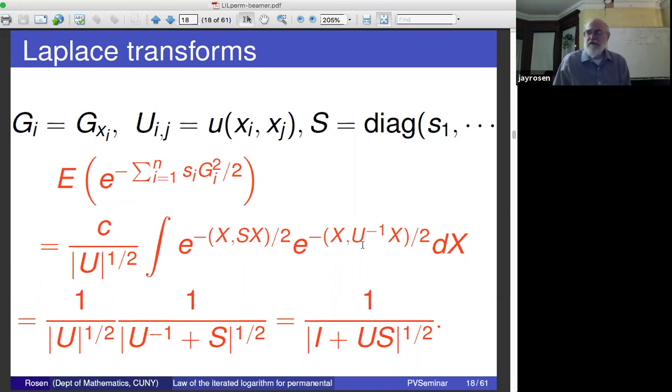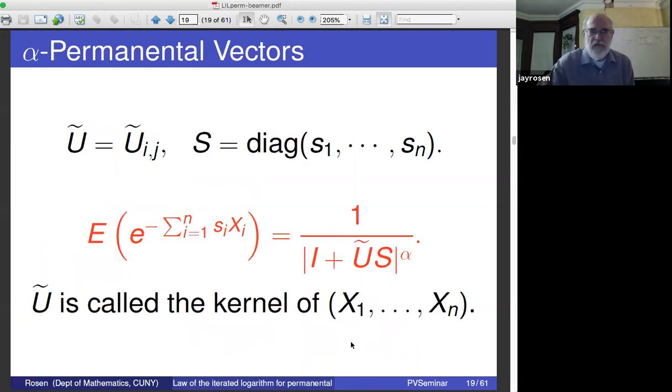If the covariance is U, this is U inverse. This expression gets translated into that for the inner product for R^n. Now put the two exponents together and do the integration. You pull down the (U inverse plus S) to the 1/2. Multiplied by that, you get this expression. So for a vector of Gaussian squares, we get this expression for the Laplace transform.